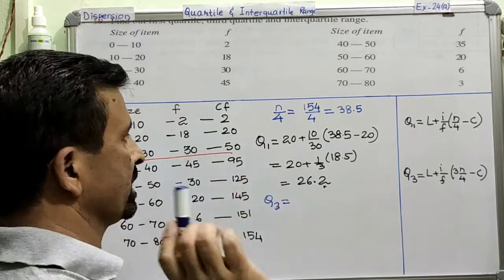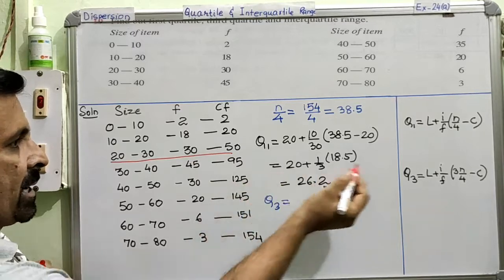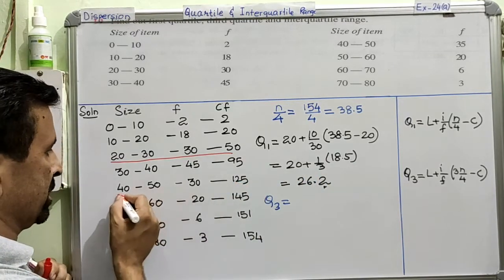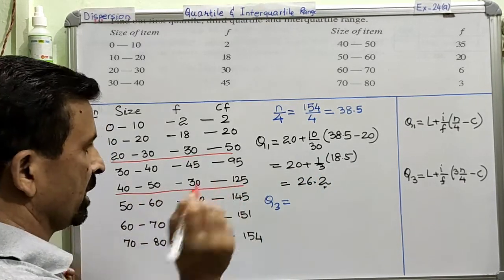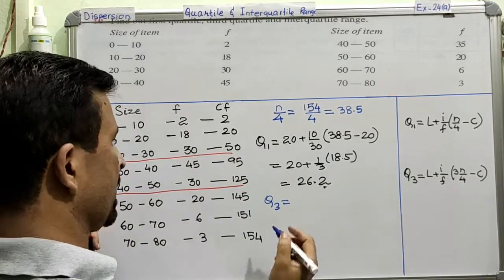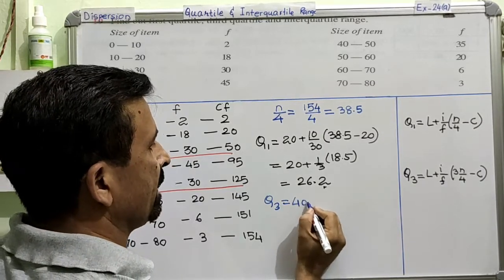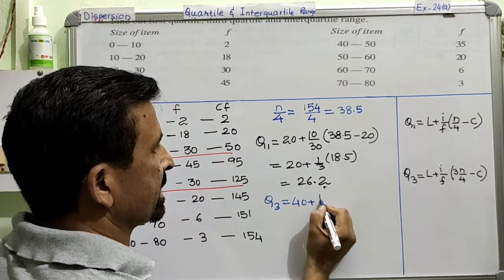Now we have to find out where 115.5 is. So after searching, we came to know that 115.5 will be somewhere in this row. So we can mark this row also, and now we can get all the solution. Clear? So here the lower limit is 40, plus I, the same 10.